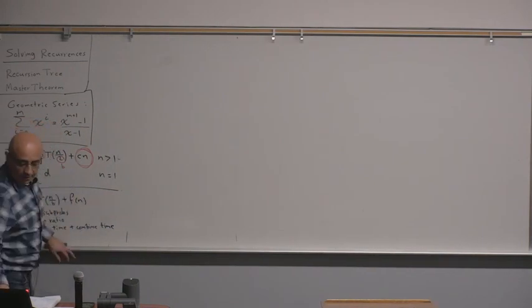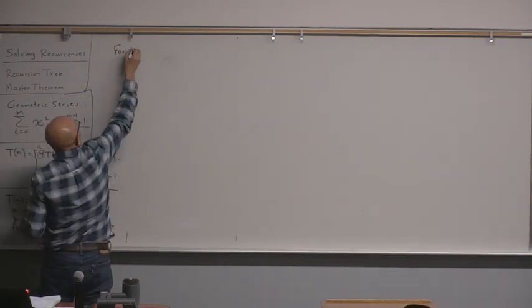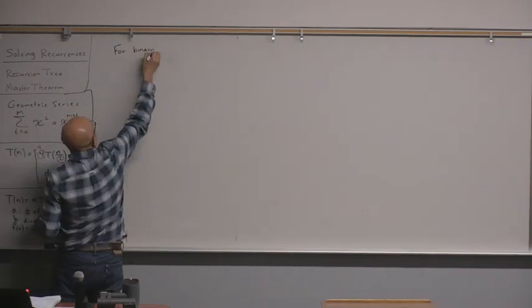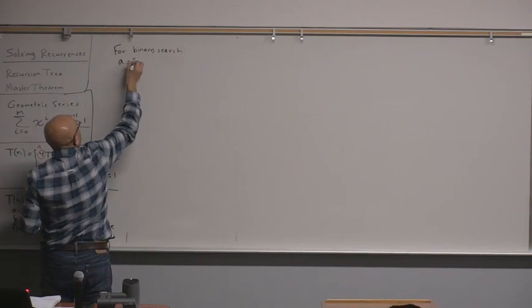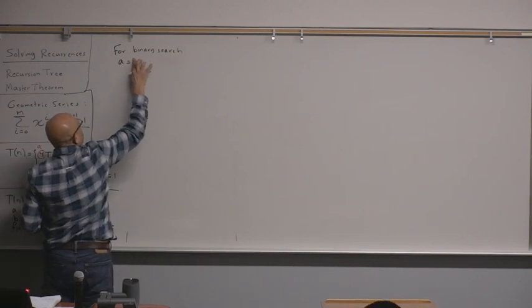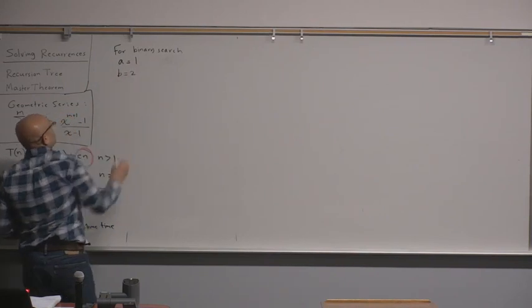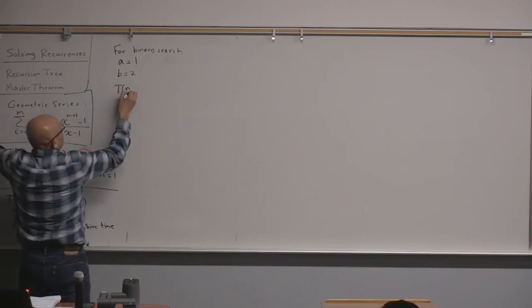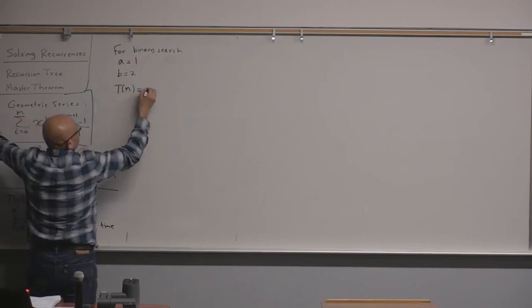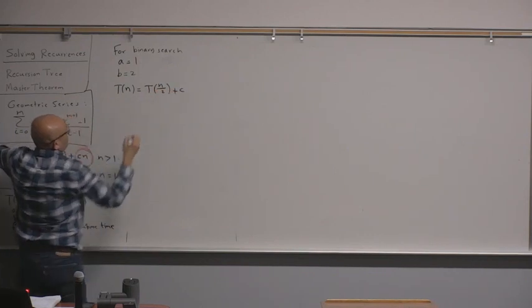So for binary search, A equals 1 and B equals 2. So T of n equals T of n over 2 plus a constant.